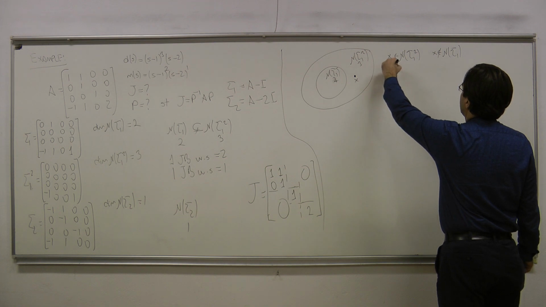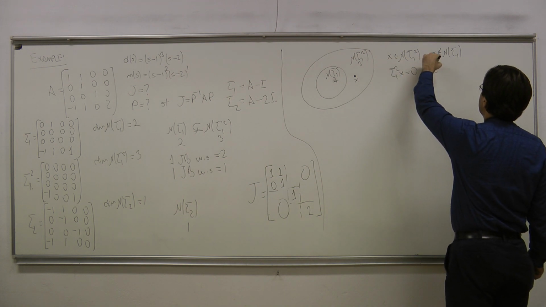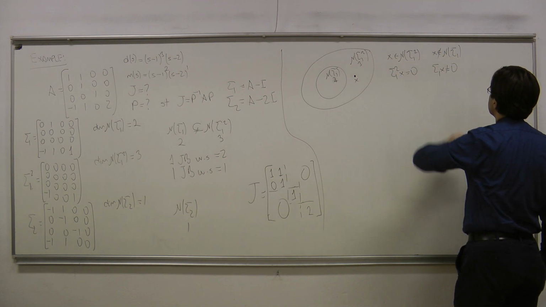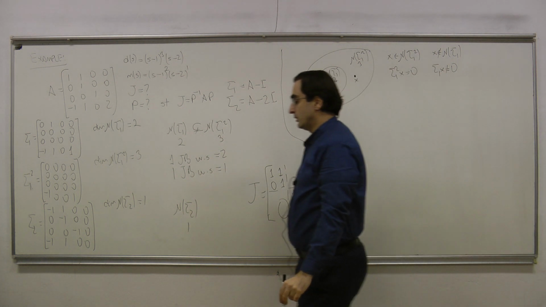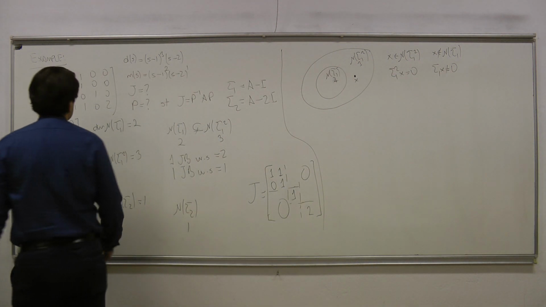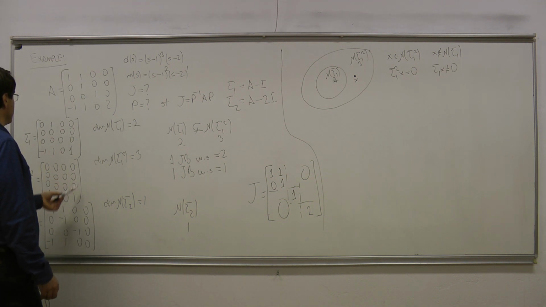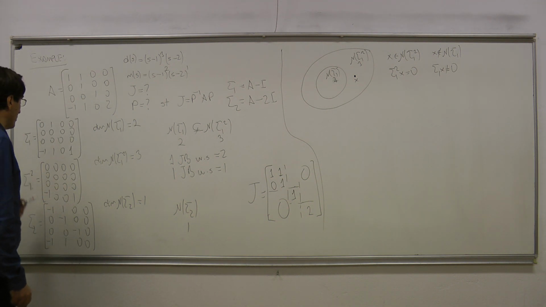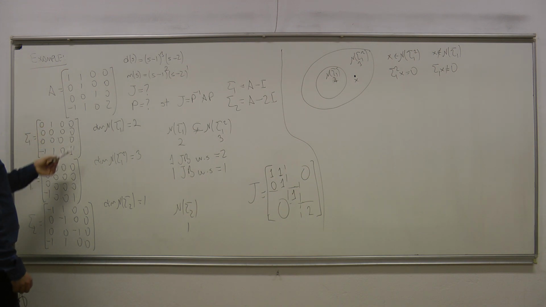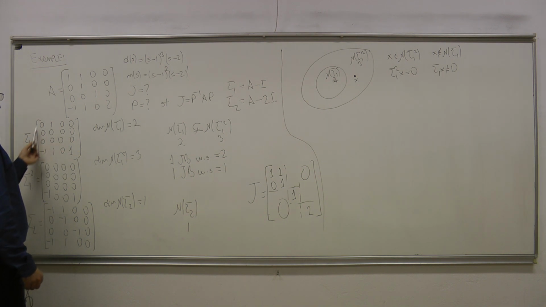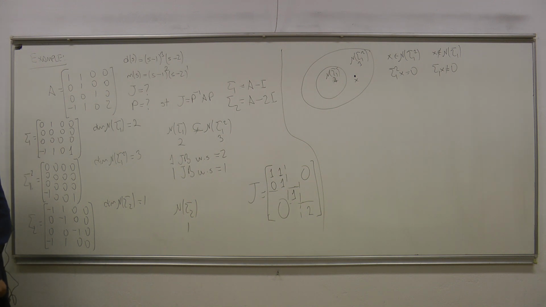That means that sigma 1 square x is equal to 0, but sigma 1 x must not be equal to 0. I'm looking for a non-zero vector in the null space of sigma 1 square, but not in the null space of sigma 1. So when I multiply x with this matrix, I need to get 0, but when I multiply x with this matrix, I need to get a non-zero vector.